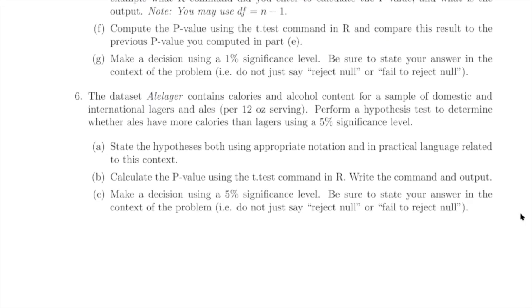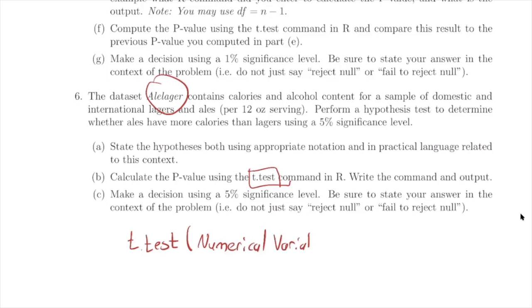Yeah, and so when you're doing the t-test here, since this data set does exist and it's in that resampled data, right. So for the t-test, you would enter what the numeric variable is that you're testing on, which in this case seems to be whatever they might be calling calories.